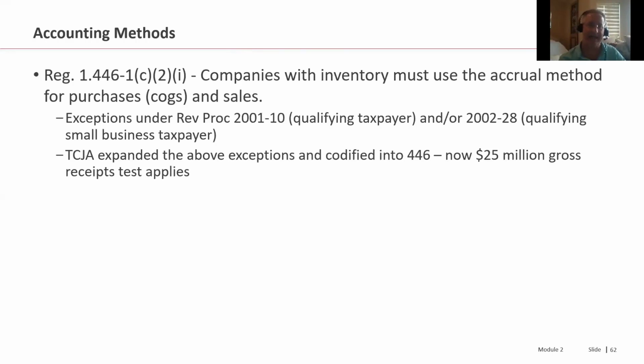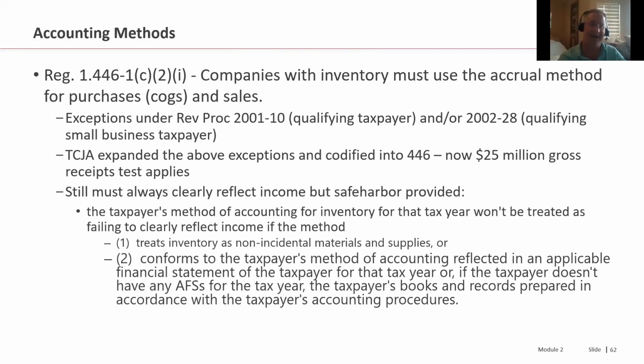But again, the Tax Cuts and Jobs Act expanded that and said, look, we're just going to say that $25 million gross receipts test applies to having to keep inventory as well. So if you're less than 25 million in gross receipts, you no longer have to keep inventory on the accrual method. But your inventory still must clearly reflect income.